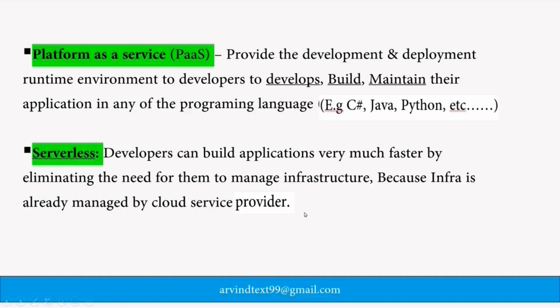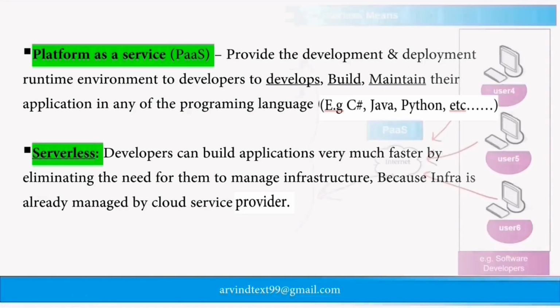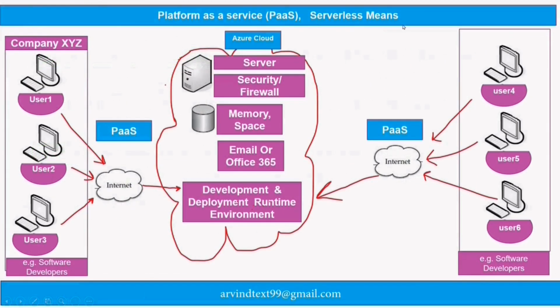So let's understand this wide diagram, platform as a service. This is the diagram which I will explain to you. So this is the company XYZ, and these are the users of the company. They are software developers, and these are also users. They are also software developers. So this company has taken the subscription of a development environment.